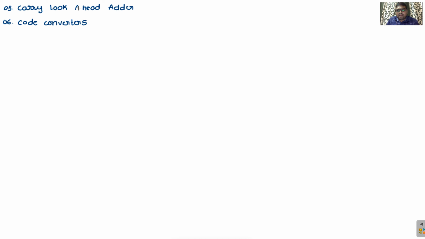Like that we have various types of codes available. For example, if you take BCD code, there is BCD to XS3 code conversion and XS3 to BCD code converter. We have many conversions available, and for that we need to develop certain circuits. Those are code converters.